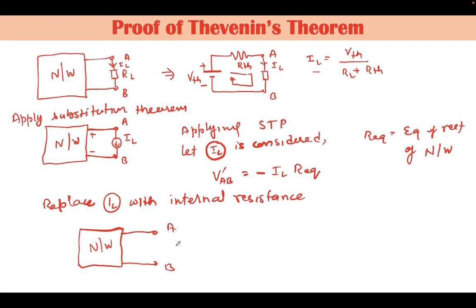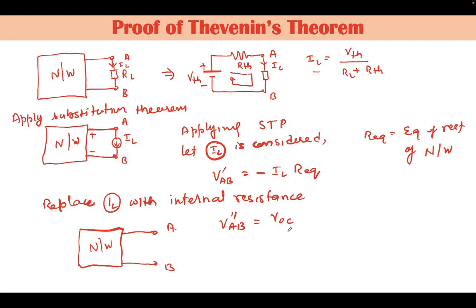Now a new voltage will appear across terminal A and B. That voltage is VAB double dash because of the other sources. There may be any number of sources in this network. The total effect of all the sources, if considered individually, will be given as VOC, that is the total voltage across terminal A and B due to all the sources except IL.